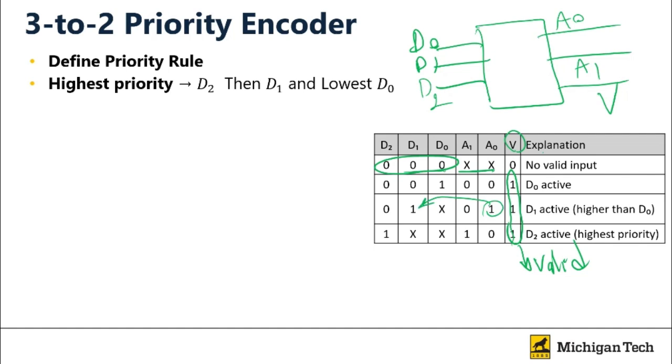And if it's 1, anything else, it is going to make 2, because of D2. So we have this truth table, and we want to find what V, A0, and A1 are.